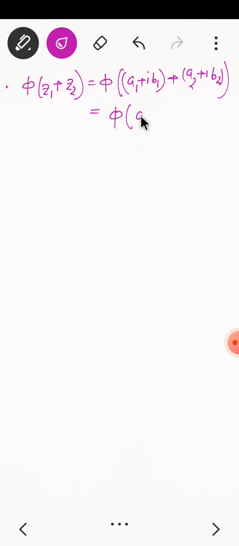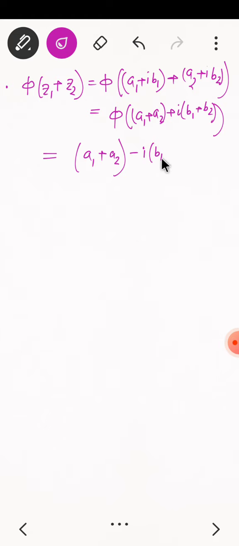I write the real part on one side and the complex part on the other. By definition of phi, we write this as a1 plus a2 minus i b1 plus b2.